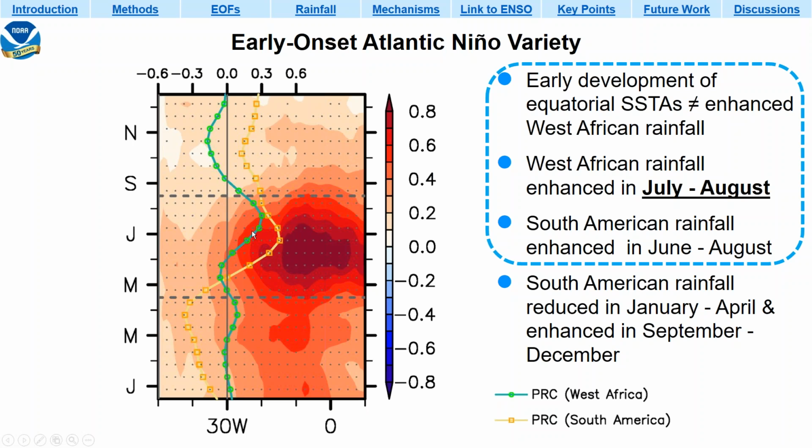But after it dissipated, the South American rainfall increased from September to December. And again, this is not due to the Atlantic Nino, of course. Also the rainfall in the South American region is again reduced during this onset phase, and that again is due to the external factor we'll talk about in a later slide.